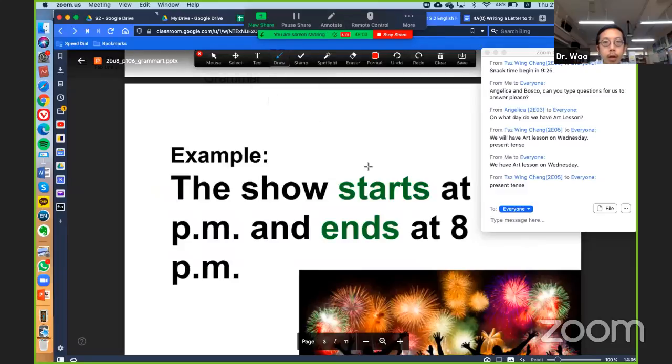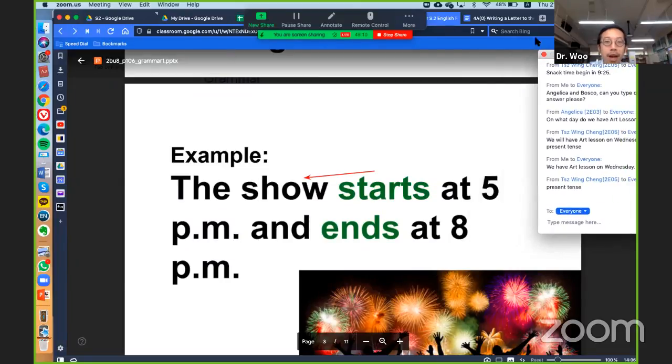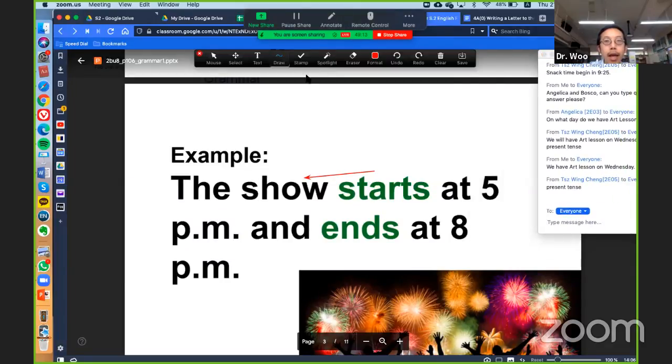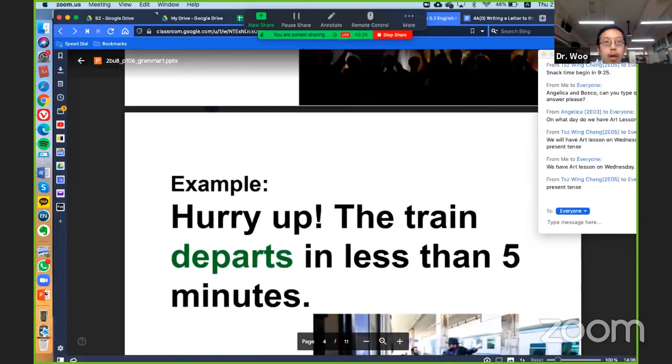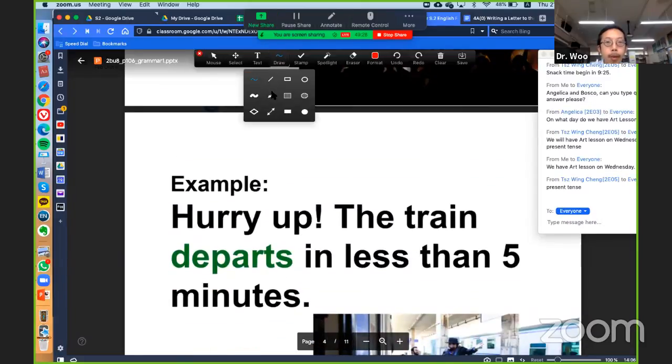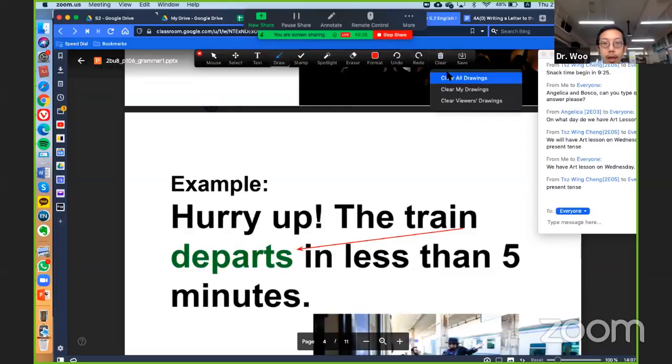Listen carefully. The show starts at 5 p.m. and ends at 8 p.m. The train departs in less than 5 minutes.